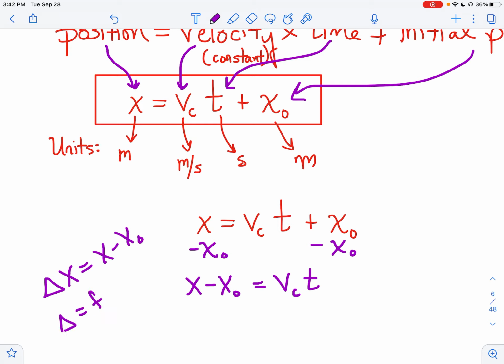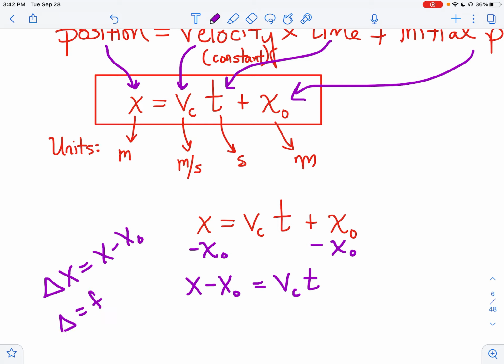All this means is how far did it go? So maybe we don't know where it started. Oh, it went 30 meters. But we don't know where it started and where it ended, we can just put in 30 for delta x. So this equation will predict the future, it'll describe the motion for anything moving at a constant speed.